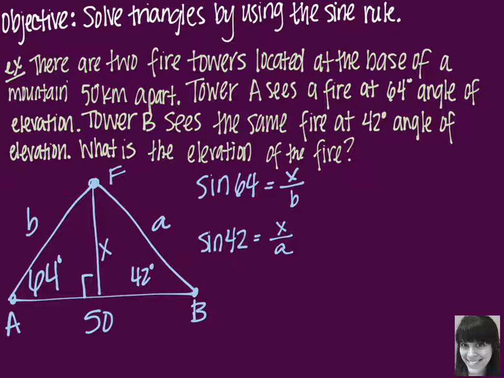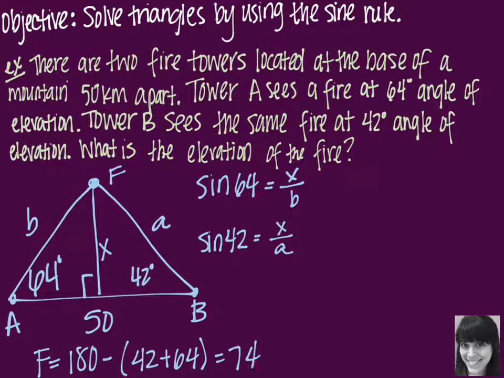And before we can do that, we need to find the angle of F. So we're going to do F equals 180 minus (42 plus 64), and that's going to give us 74. Okay, so now we have our first proportion, right?